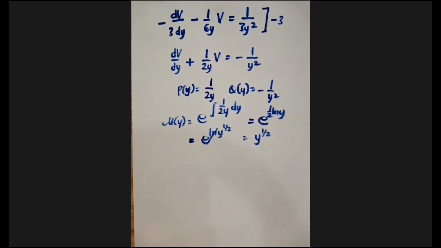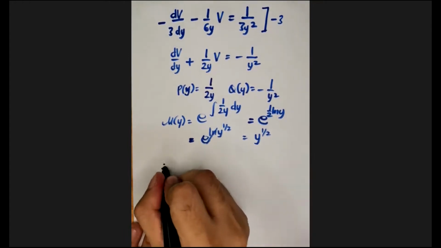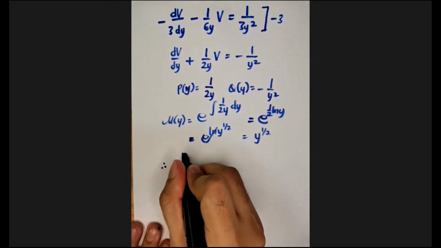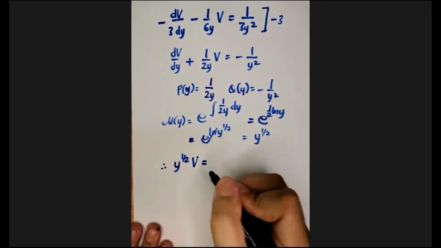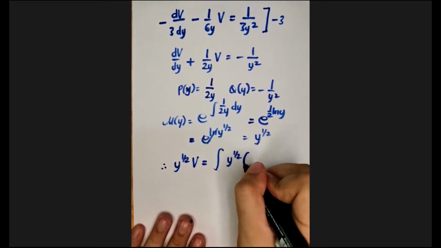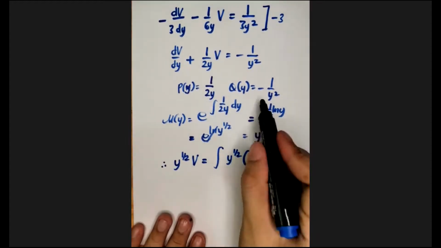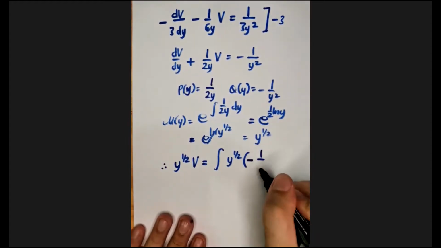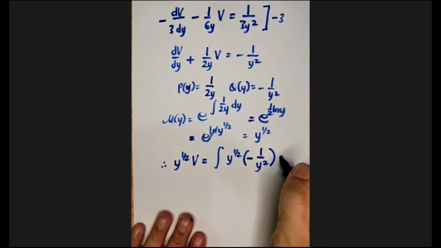Alright, question? Okay, so let's apply the formula. Class, I won't write the formula anymore. So y raised to 1/2 times v is equal to the integral of y raised to 1/2 times q, which is negative 1 over y squared, dy plus c.